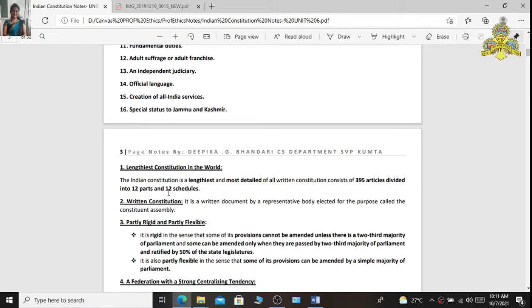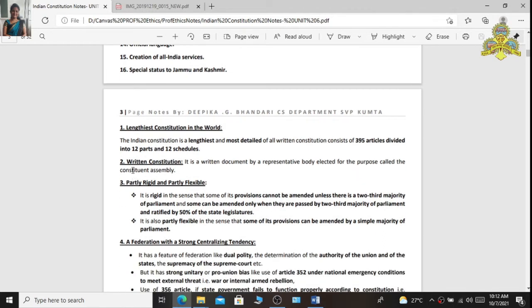The Indian constitution is the lengthiest and most detailed of all written constitutions, consisting of 395 articles, and these 395 articles were divided into 12 parts and 12 schedules. So the first feature is that it is the lengthiest and most detailed constitution in the world.